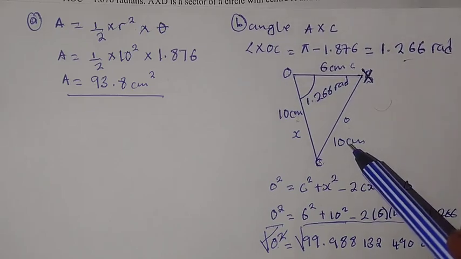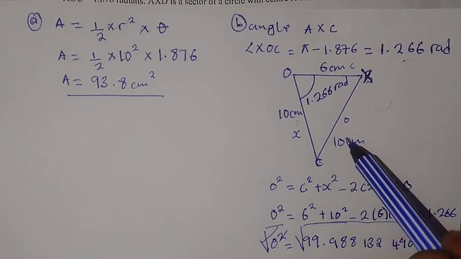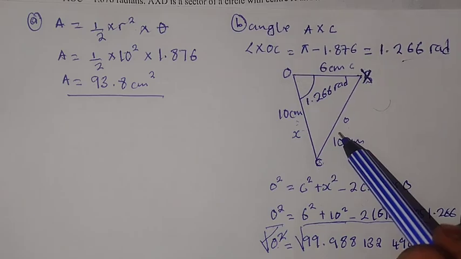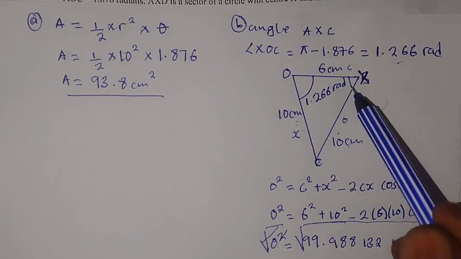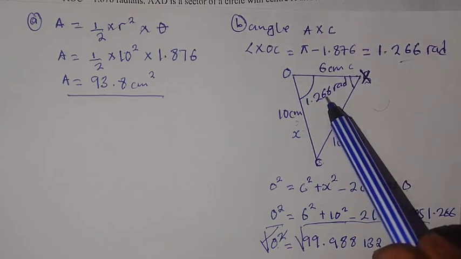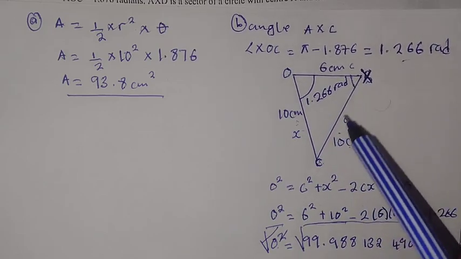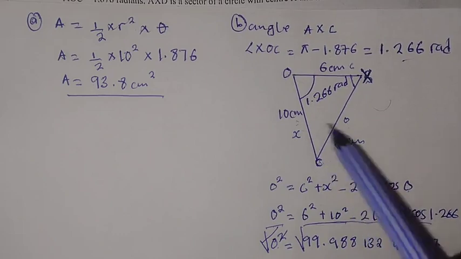This tells us that we have an isosceles triangle where two sides are equal. If two sides are equal, it means that even the angles are equal. So this angle and the angle right here are equal. Meaning that if here the angle is 1.266 radians, even here the angle will be 1.266 radians because of this property.